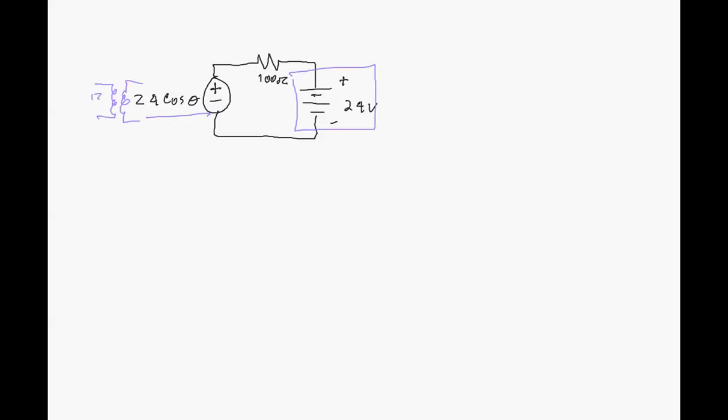It might have 120 over here, and 167 cosine theta on this side, and 24 cosine theta on that side. So some scheme for reducing the voltage, and a resistor to limit the current that we apply to the battery.